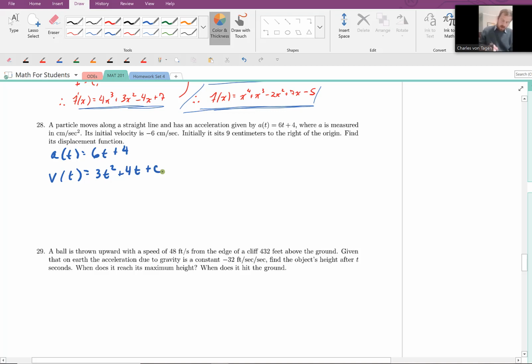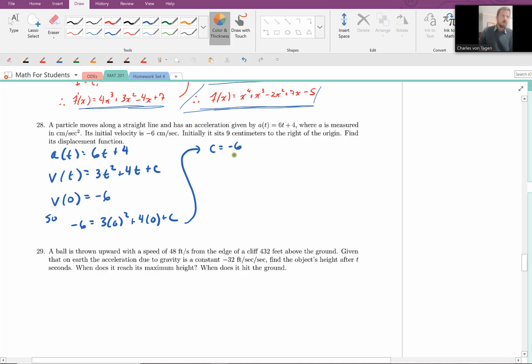But I was told that the initial velocity is negative 6 centimeters per second. That is, when t is 0, this is traveling at negative 6 centimeters per second. So we end up with negative 6 equals 3 times 0 squared plus 4 times 0 plus c. And so we find that c would have to equal negative 6.